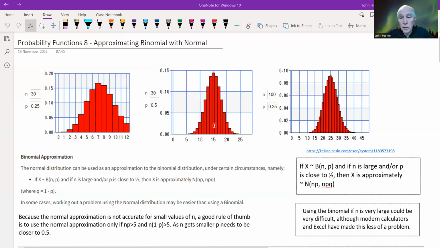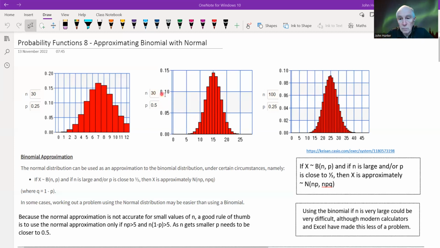We know that the mean of the binomial is n times p, 15 in this case, which of course is right in the middle, as it would be with the normal, and the variance is n times p times q, q being 1 minus p.